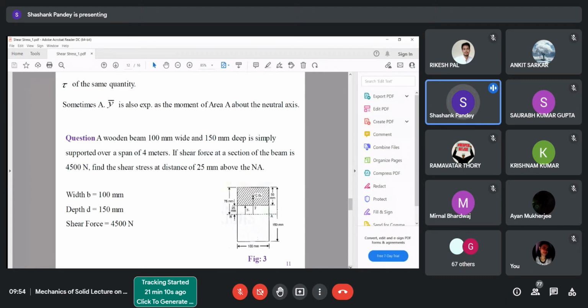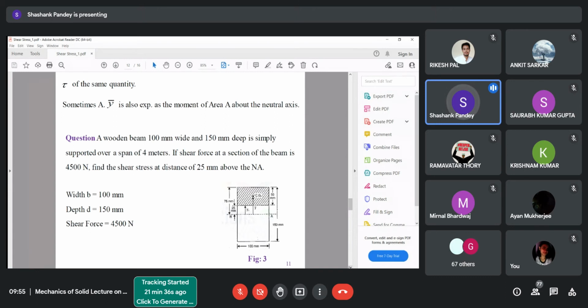Complementary means that if we have shear in the horizontal direction, there will also be shear on the vertical faces. Sometimes A into y bar is also expressed as the moment of area about the neutral axis. We studied this while deriving the centroid for different cross sections in our first semester itself.